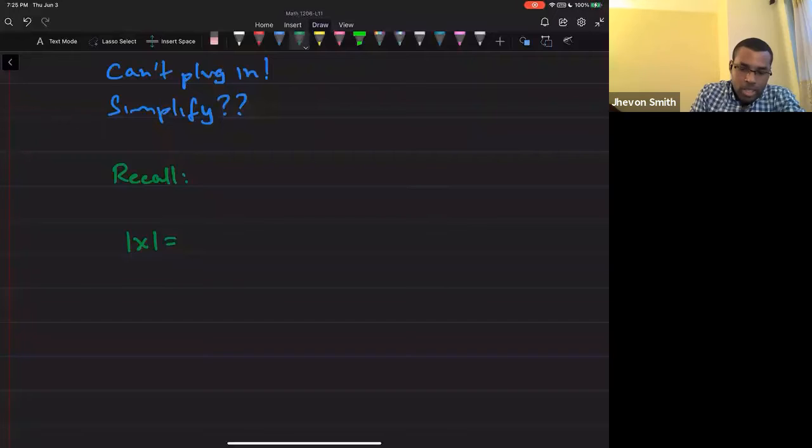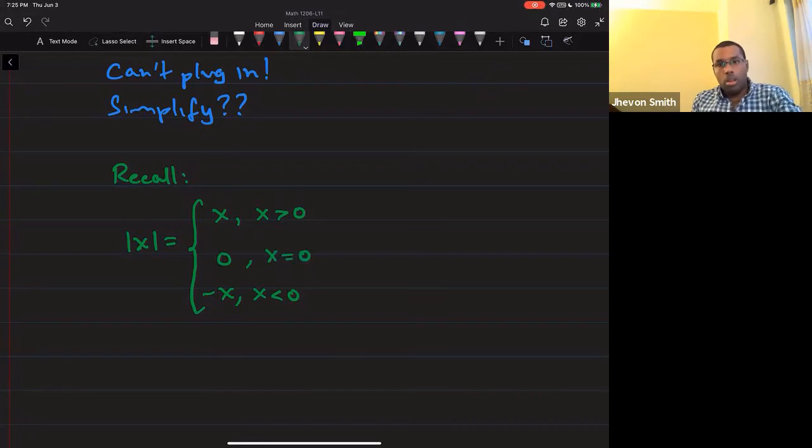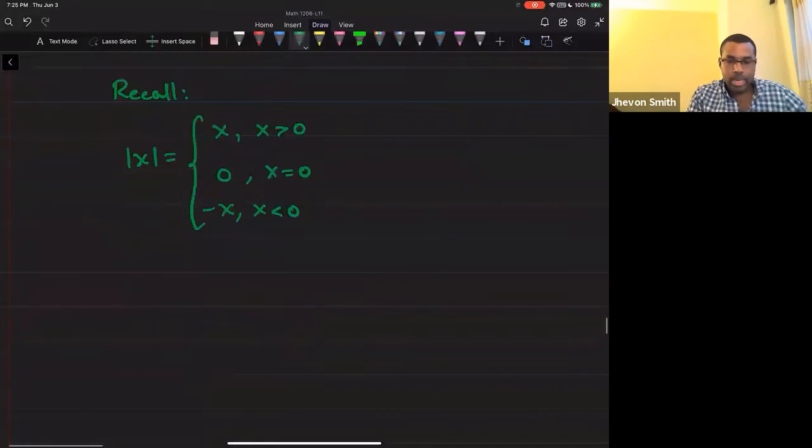So absolute value of x was a piecewise function. It's x if your x is positive, it's minus x if your x is negative, and 0 if your x is 0. Right? So we can apply that here.